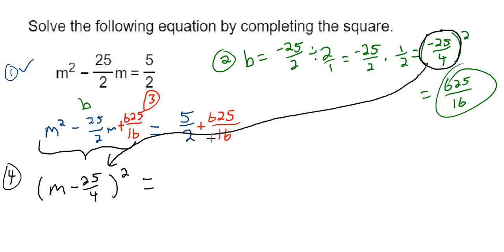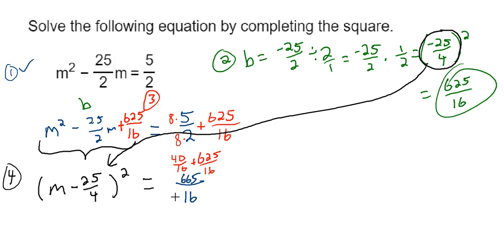On the right-hand side, we want to add these two fractions together, so I need a common denominator. So that'll be 16. So I'll multiply the top and bottom here by 8. So we'll get 40 over 16 plus 625 over 16. And those will add together. I was hoping to have enough room here, but I don't really. So it'll be 16 on the bottom, and then 40 plus 625 will be 665.